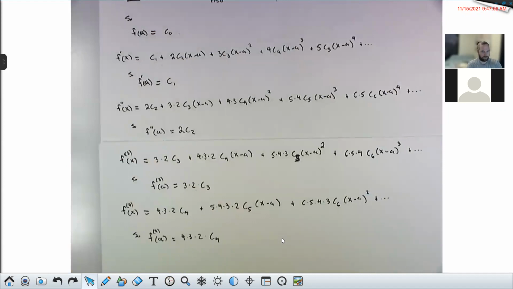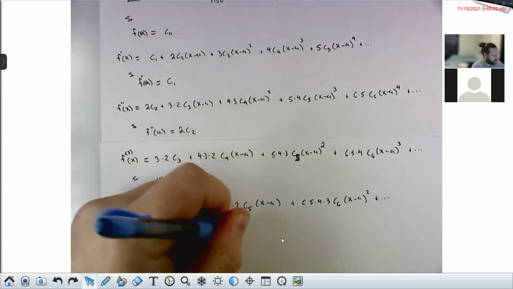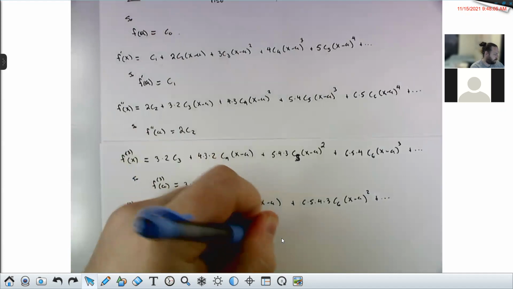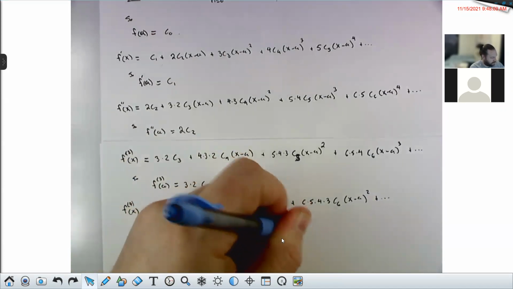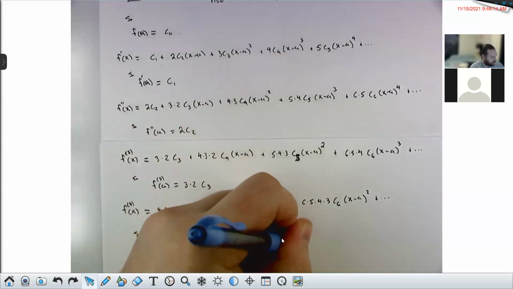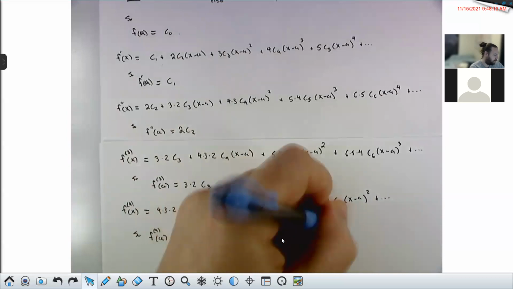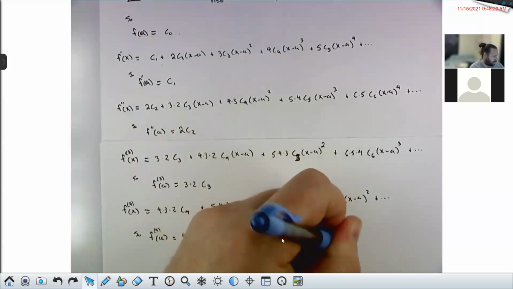So what do we have? Well, solve this for C4, and you get C4 is the fourth derivative of f at a divided by 4 times 3 times 2, which is the fourth derivative of f at a divided by 4 factorial.